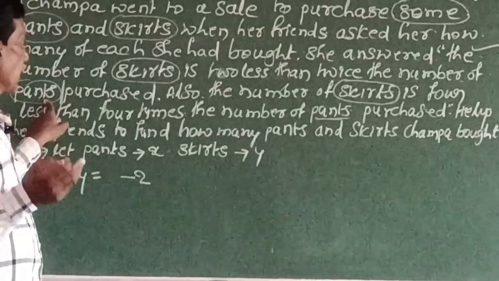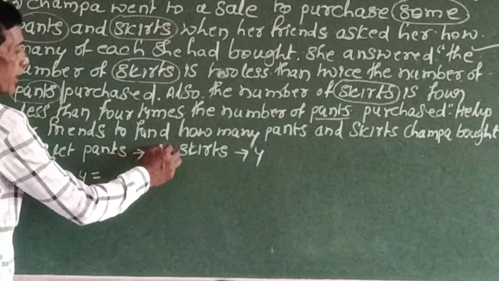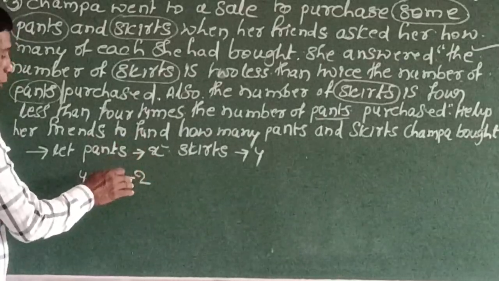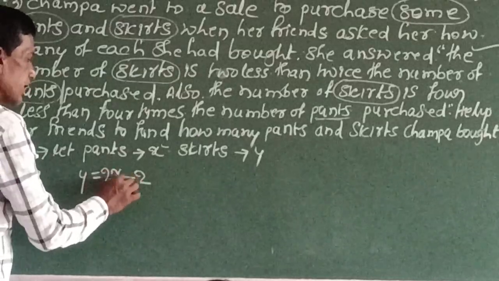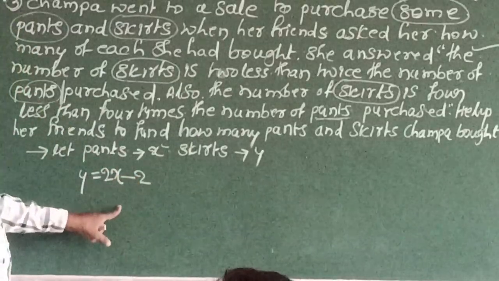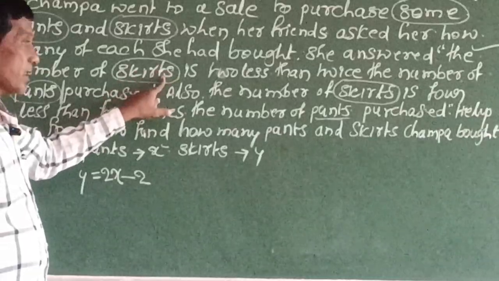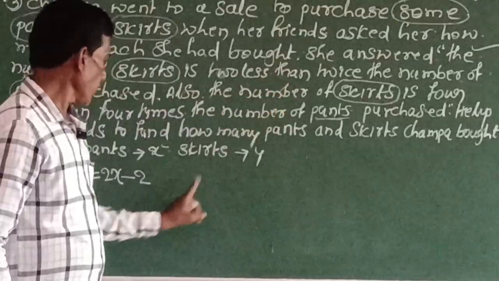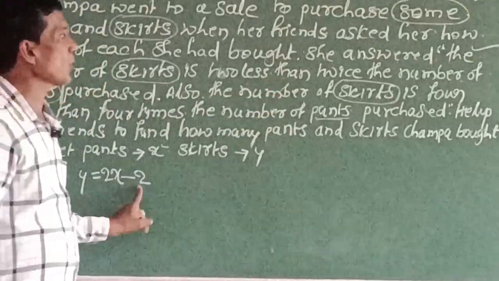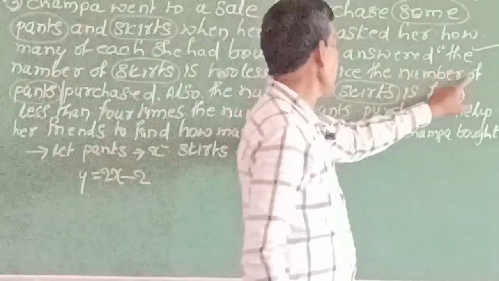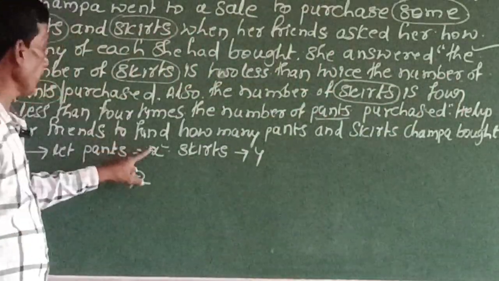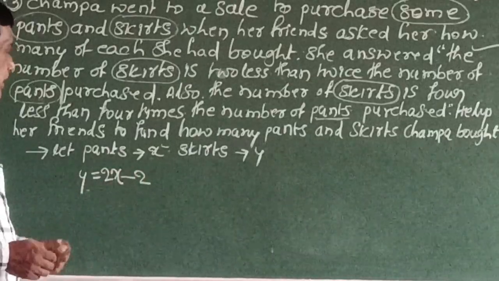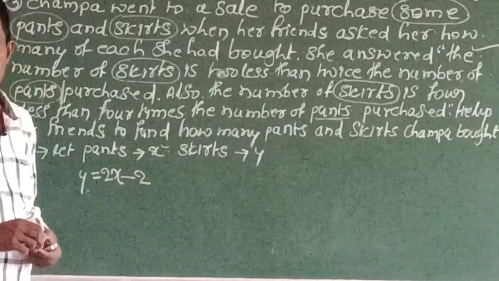Pants are denoted by X, so twice means 2 into X, which is 2X. So Y equals 2X minus 2.